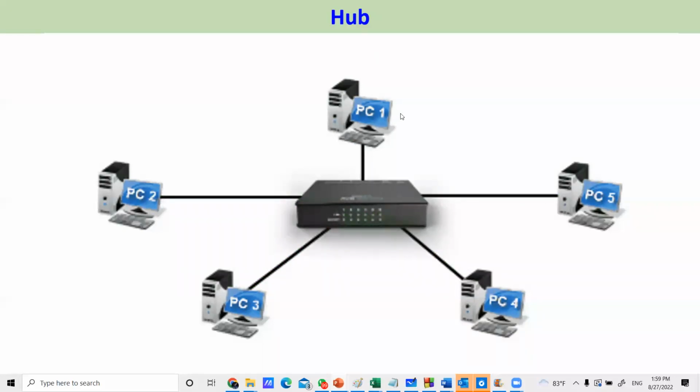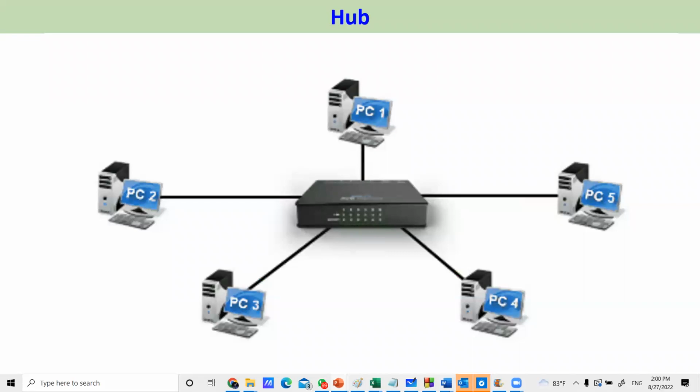The data starts being sent by PC1. Once it receives the data from PC1, the hub's duty is to deliver this data to other computers. The problem is the hub delivers the data to all the computers in the network, not to a specific one, because the hub doesn't know the destination.